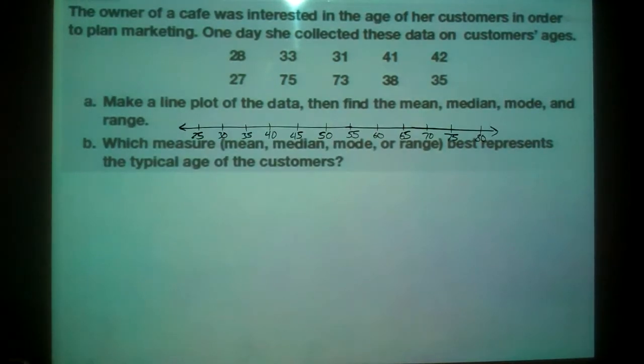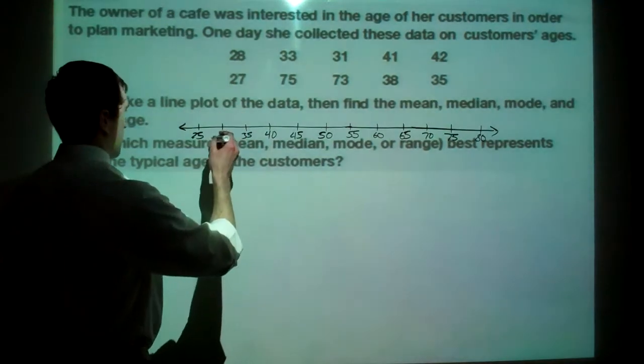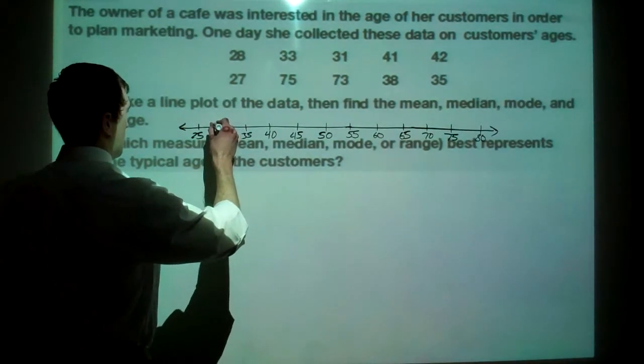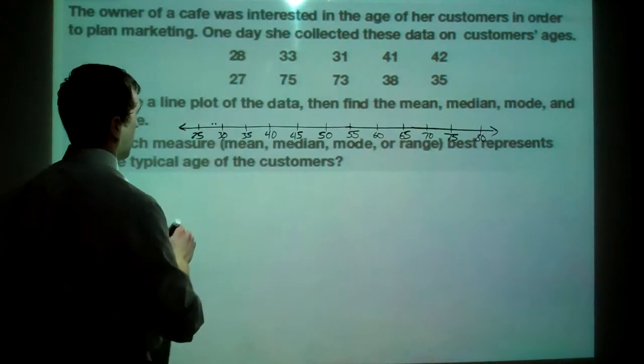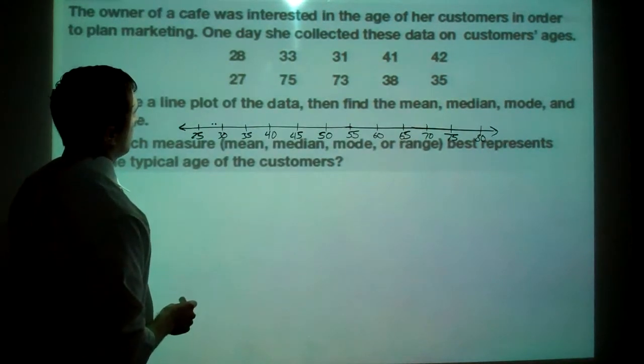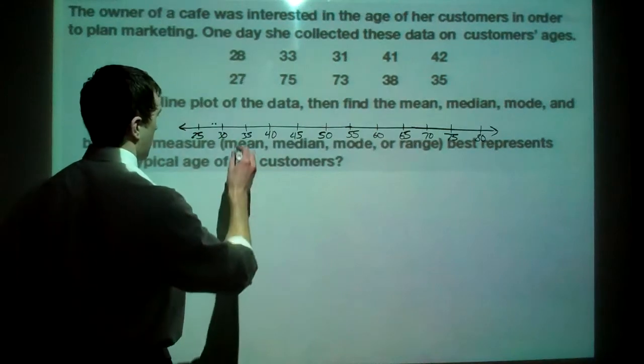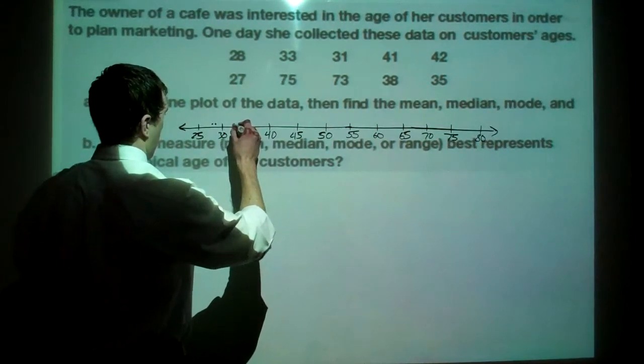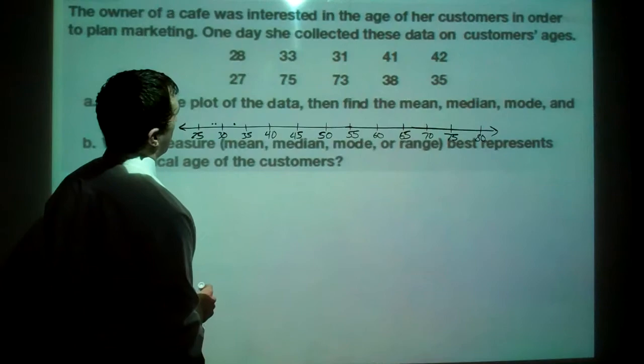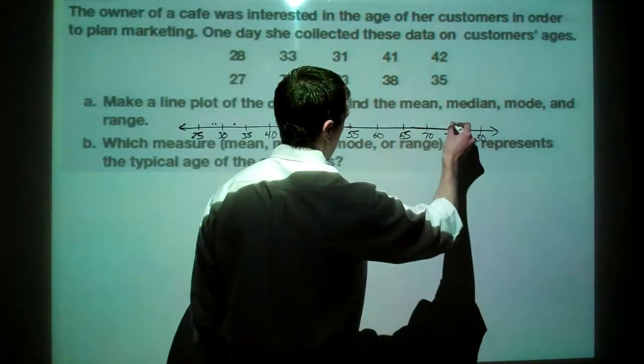So let's see, we've got a 27 and a 28. We just kind of put those about where they should go. 27, 28 maybe, 33, a little bit over halfway, 75, that goes right here.